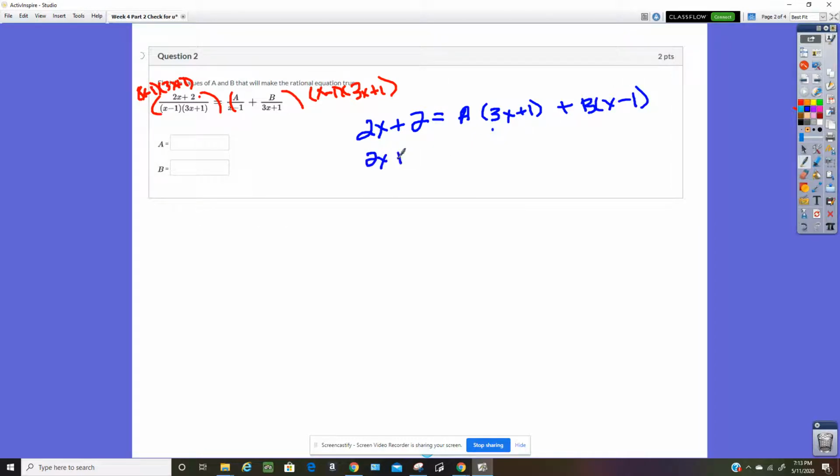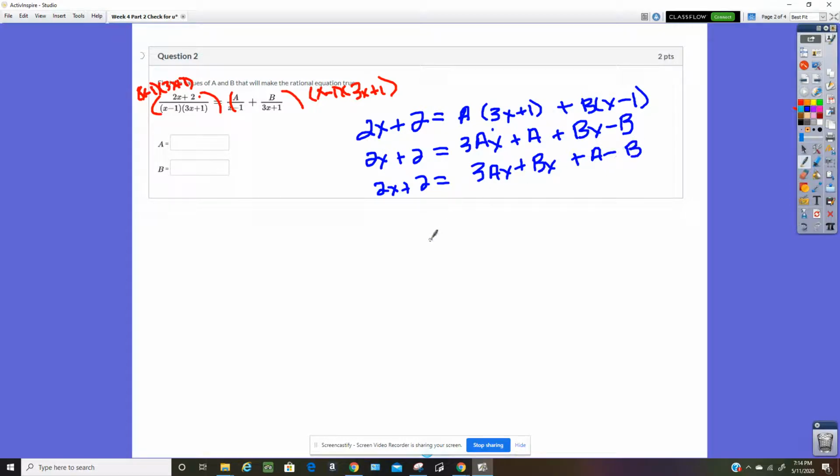So 2x + 2 equals 3Ax + A + Bx - B. Then grouping the x terms together, 3Ax + Bx + A - B. And then I can make two equations. 3A + B is going to be the coefficient of x, equals 2.